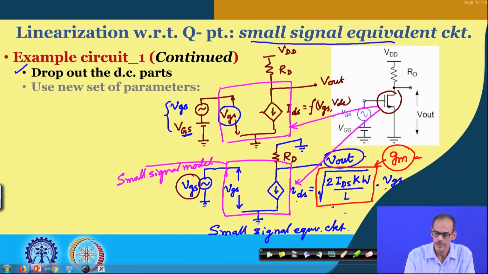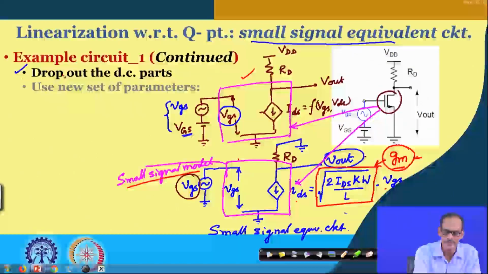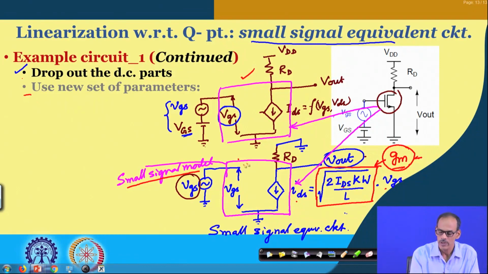Whenever you are talking about the small signal model of the device, it involves a new set of parameters, and one of them is this GM. So, while going from the large signal equivalent circuit to the small signal equivalent circuit, the first thing is that we need to drop the DC part, and also we have to get this model involving a new set of parameters.